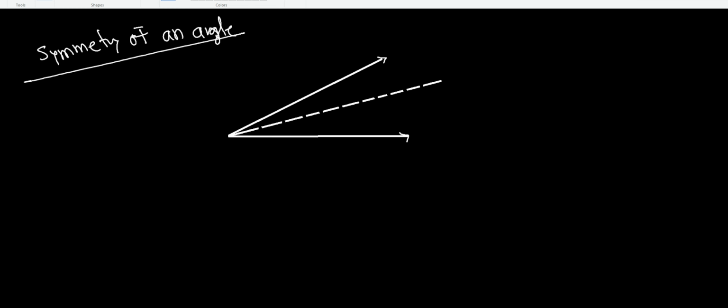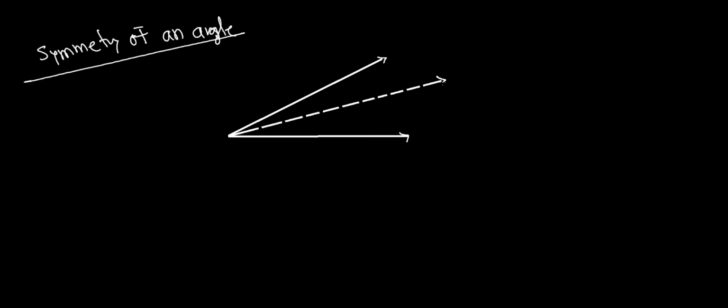Here this is the main angle, but the axis of symmetry or line of symmetry divides this angle into two equal angles. So this is a symmetry of an angle.